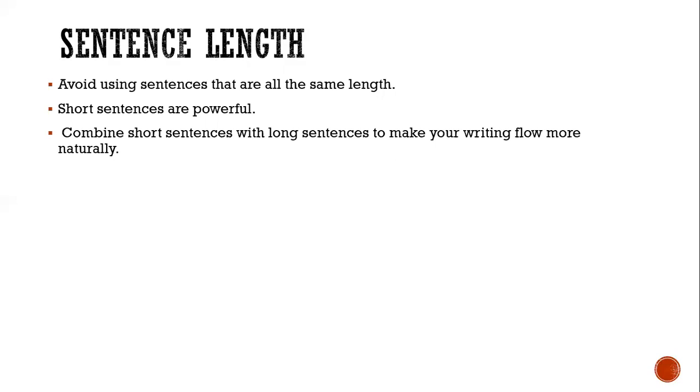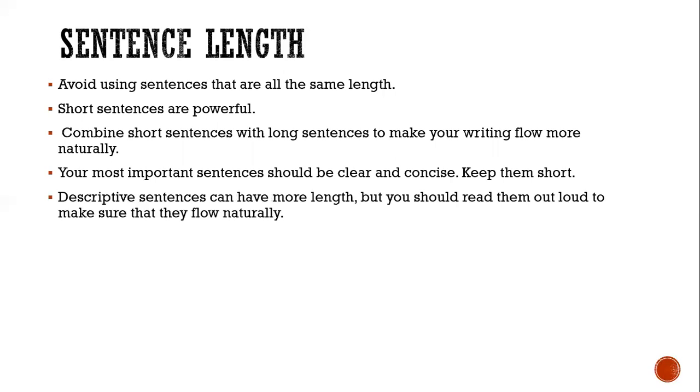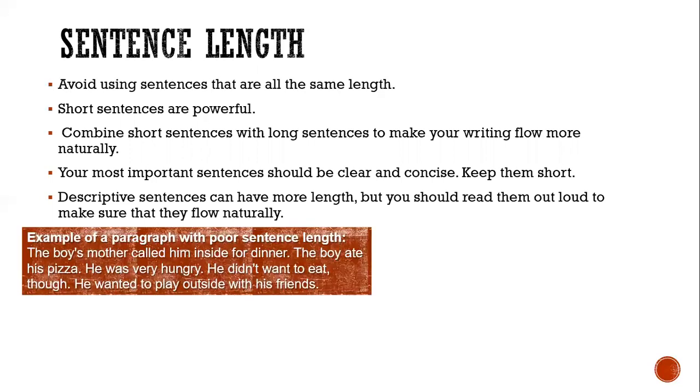Okay, so using only short sentences doesn't sound very natural in English. Your most important sentences should be clear and concise. You can keep them short. Descriptive sentences can have more length, but you should read them aloud to make sure that they flow naturally. Okay, so let's see this example.